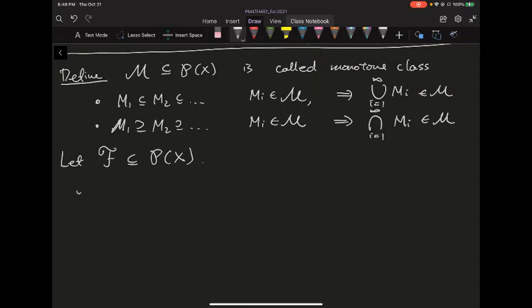We can define the generated monotone class to be the smallest monotone class, abbreviated MC, that contains F. This is exactly the way you generate a sigma algebra: the sigma algebra is the smallest one containing the set, and you do the same for a monotone class.